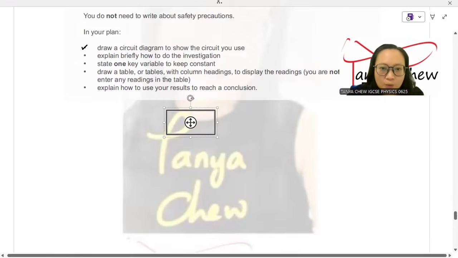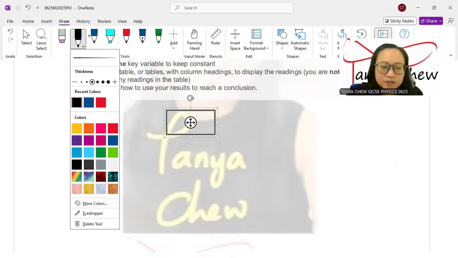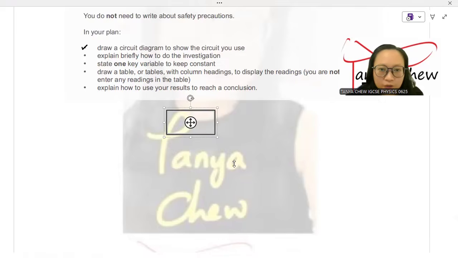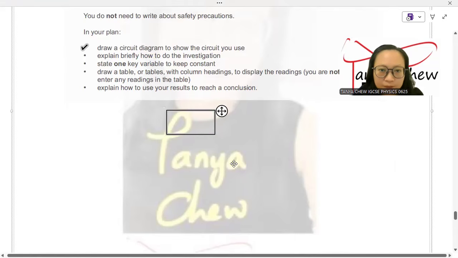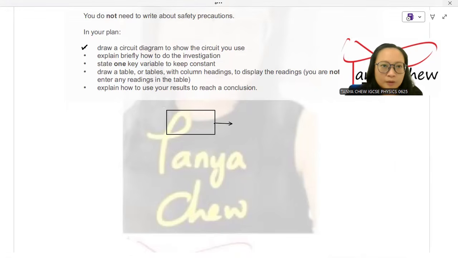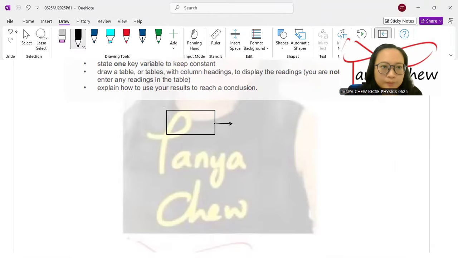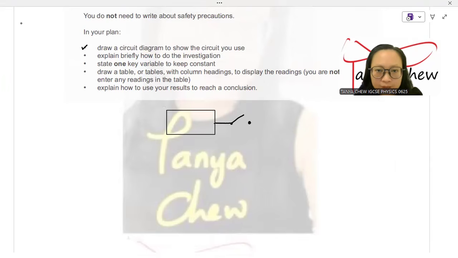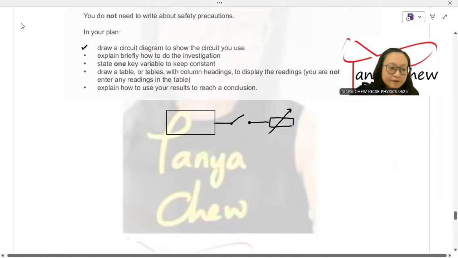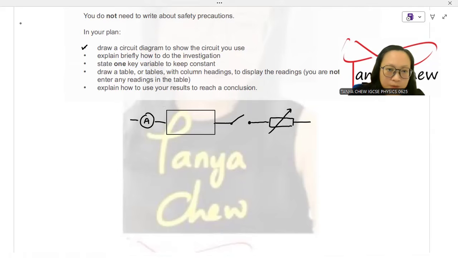And then I'm going to connect this power supply to a switch like this. Then I'm going to use a variable resistor as a safety precaution, but I'm not supposed to discuss the safety precaution. After that, I am going to put my ammeter right here beside the power supply.